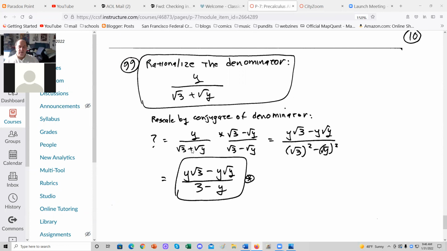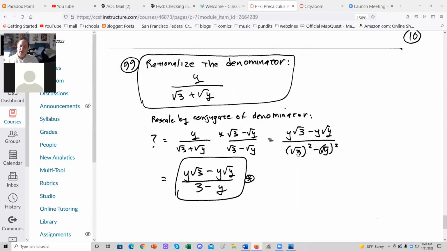The idea is that here we have a sum times a difference, and that equals the difference of squares, which will get rid of the square roots. That's the point. So you have this, y over (root 3 plus root y). We'll multiply by (root 3 minus root y) over (root 3 minus root y). Since that equals 1, that won't change its value. Distribute the y over these two: y root 3 minus y root y.